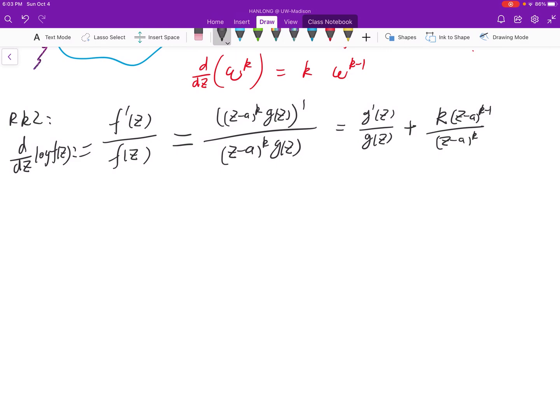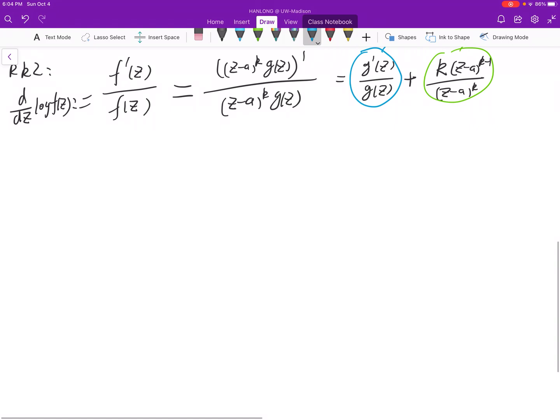If you cancel out, this is k over z minus a, and this part is holomorphic. Therefore the logarithmic derivative of a holomorphic function has at worst simple poles.